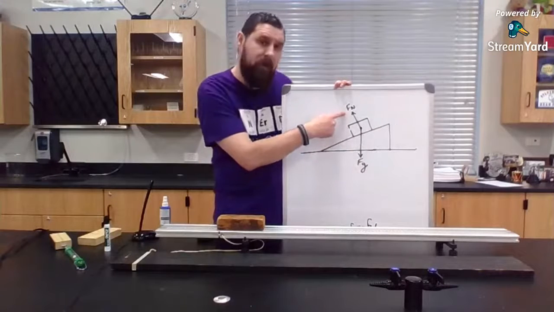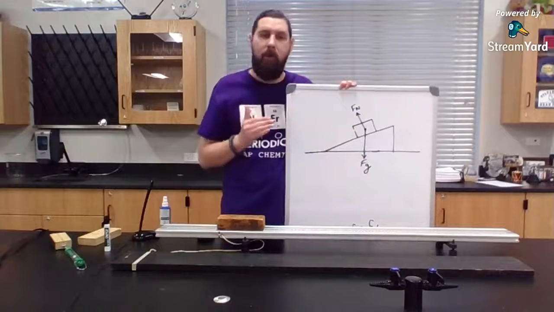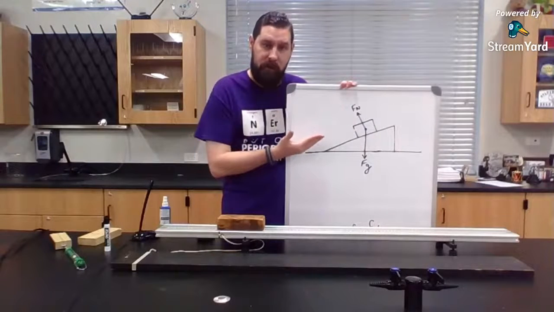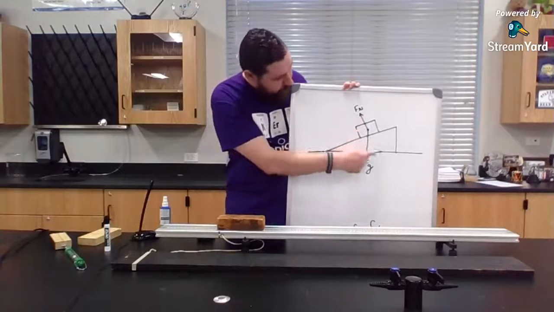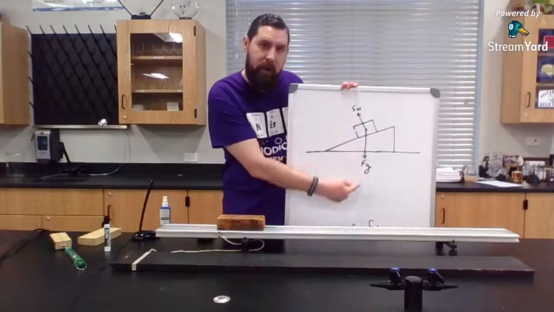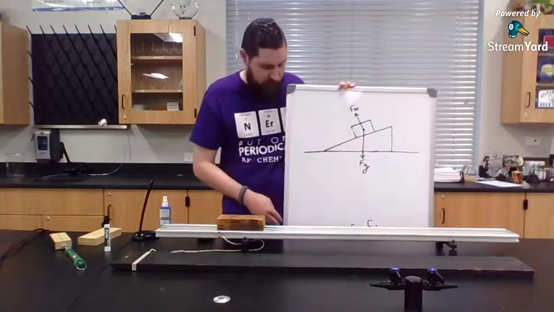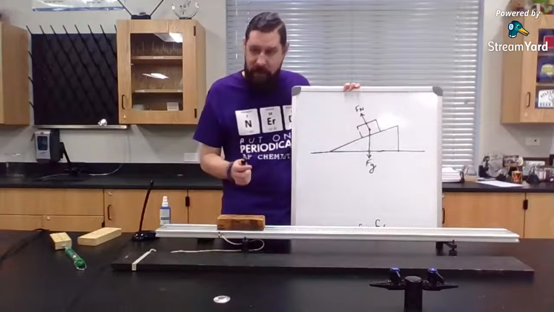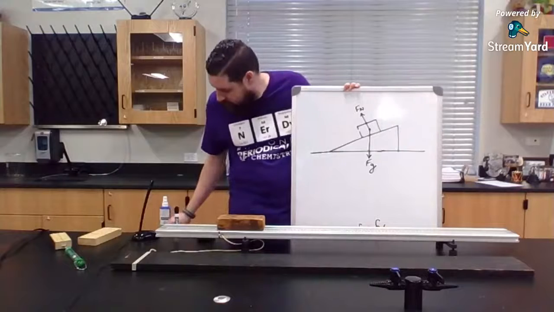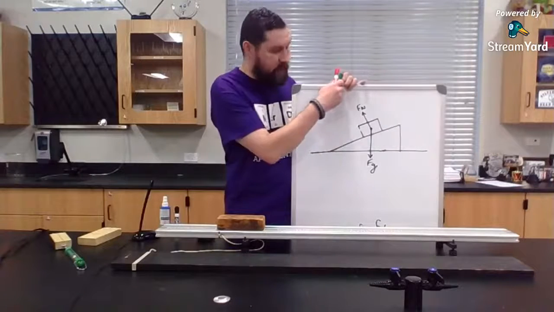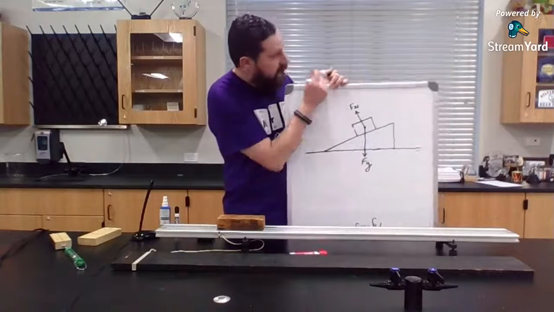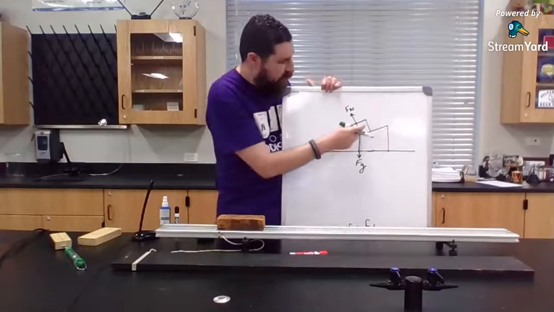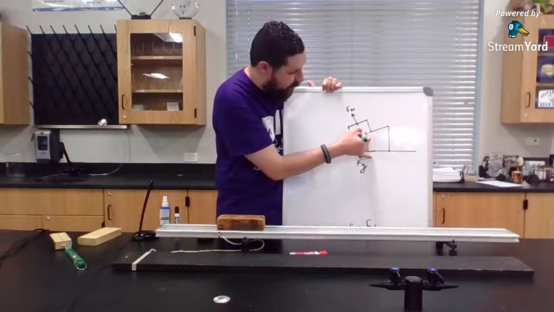But my normal force, if you recall, is always acting perpendicular to the surface. So as a result, my normal force is no longer in line with my force due to gravity. Instead, what I get are vector components. And we're going to look at these using two different colors, because the normal force is exerting a force into that plane.